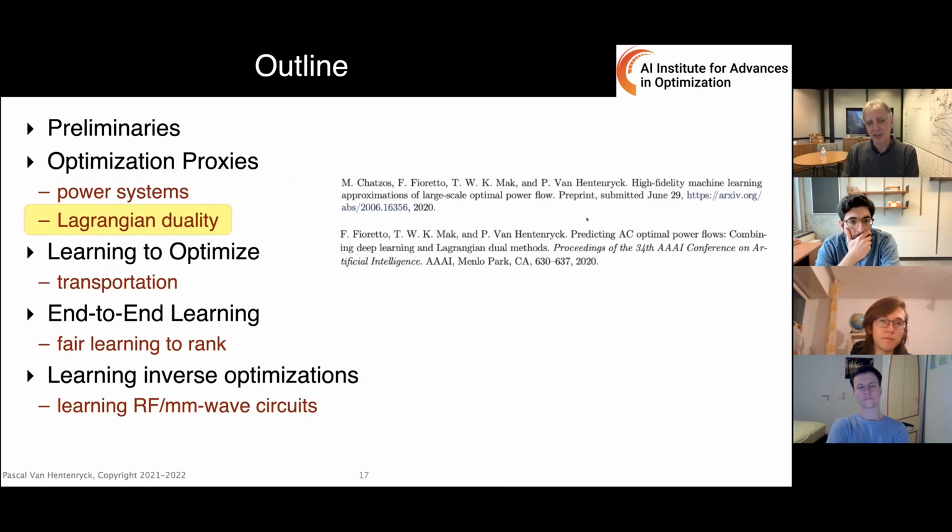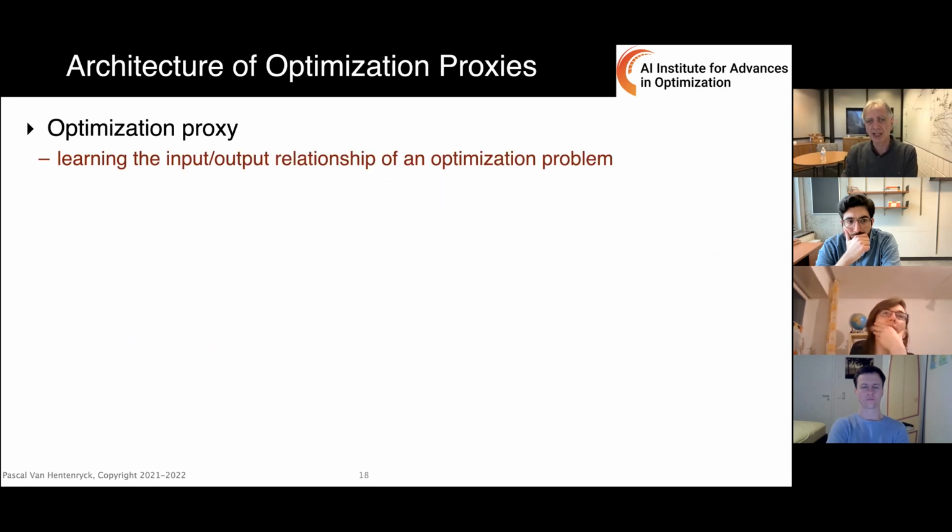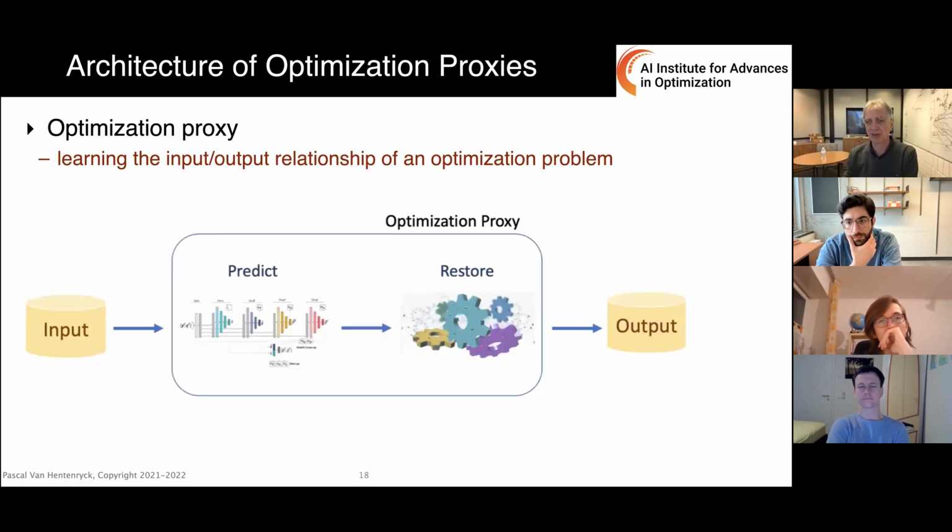So let me start telling you how we solve these problems using machine learning. And what you're going to see is a couple of insights from optimization that we are bringing into the machine learning space. And the first one is Lagrangian duality. The key idea is that this optimization proxy is capturing the input-output relationship for the optimization problem.